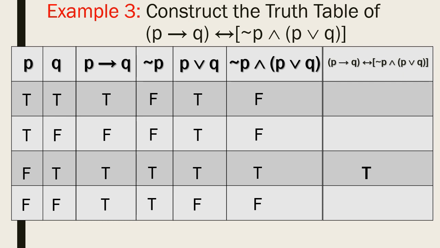So for the third, both true, it's true. And here, F, F, that's true, for the second one. Then the rest, for the first, T F, that's false. For the fourth, T F, that's false. As you can see, the results in the compound proposition are different: F, T, T, and F.